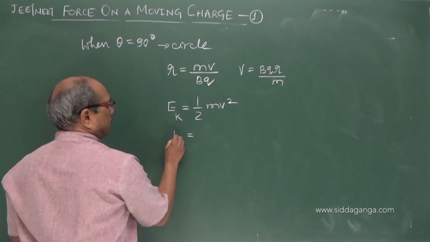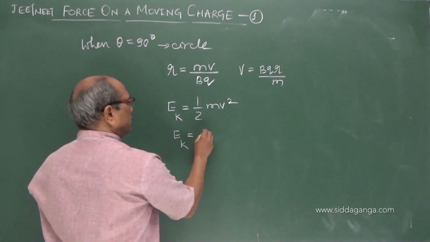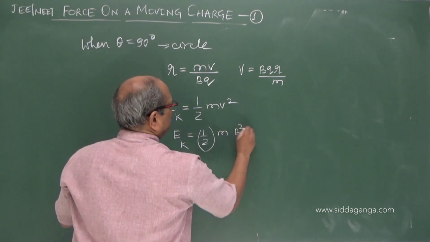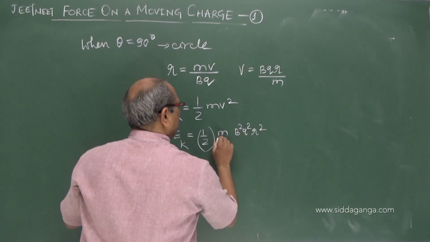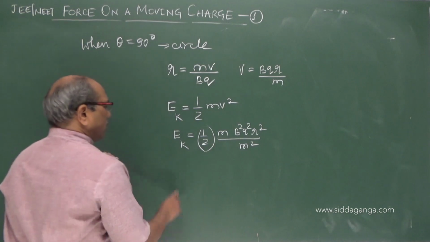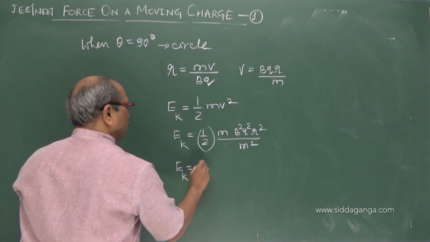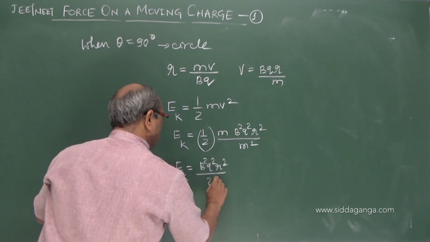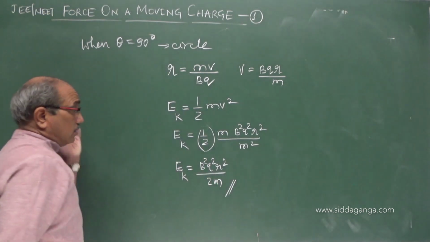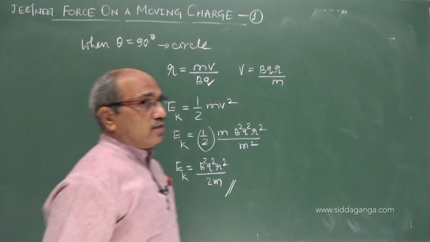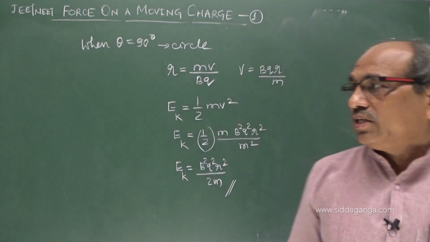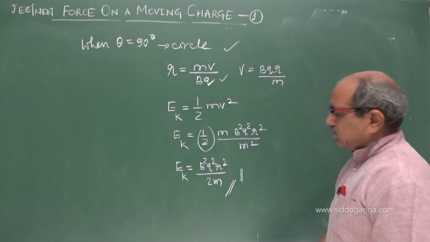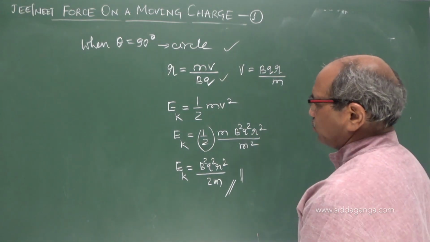Another important relation required in entrance exams to solve problems: kinetic energy equals half m into b square q square r square by m square, or kinetic energy equal to b square q square r square by 2m. This is another relation you must have to solve problems in entrance exams. When it enters at 90 degrees, we get radius and kinetic energy along with period, frequency and angular velocity.